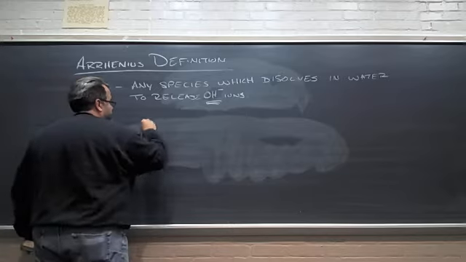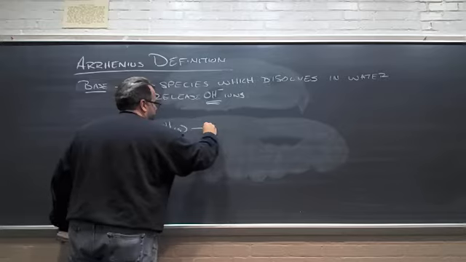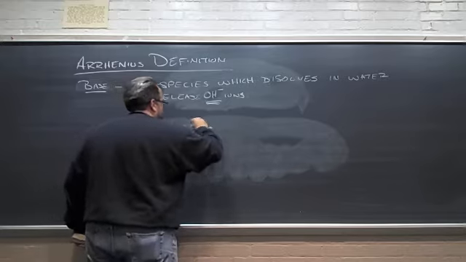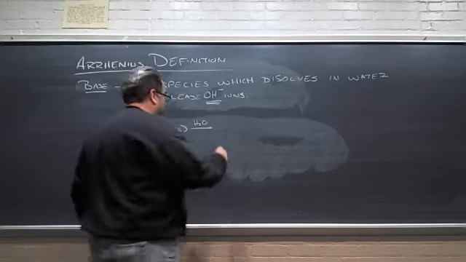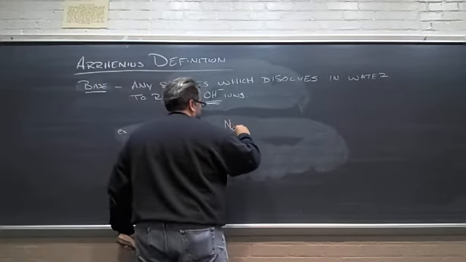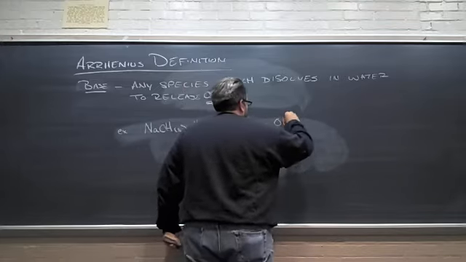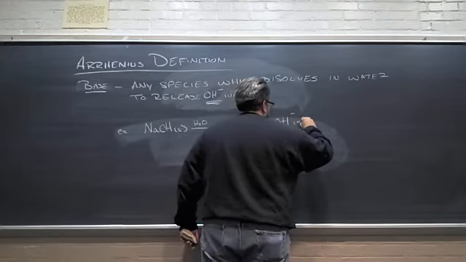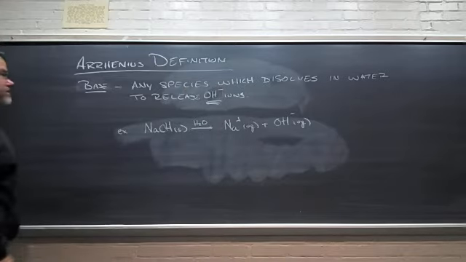So for example, sodium hydroxide is a solid, and when you dissolve that in water, of course, you get sodium ions and hydroxide ions.